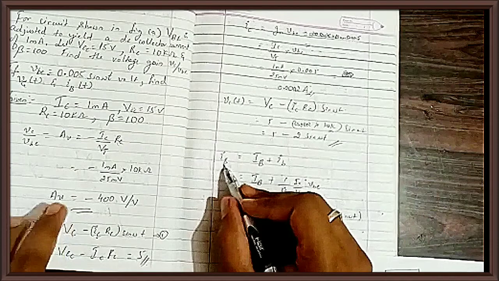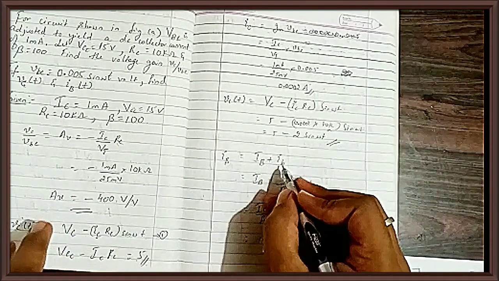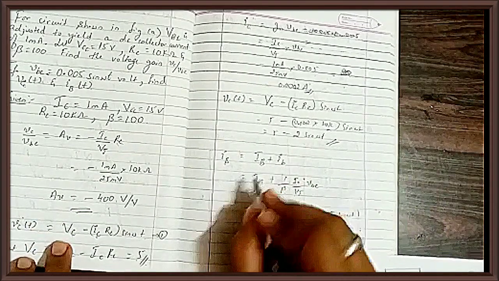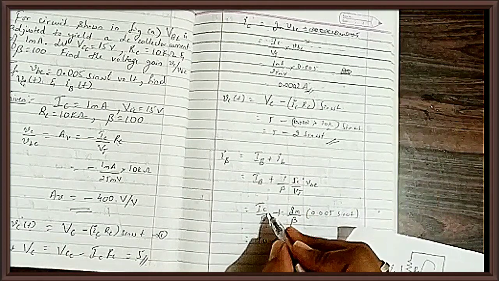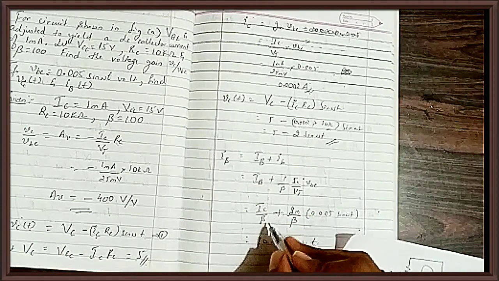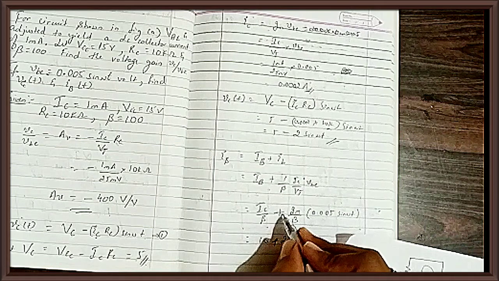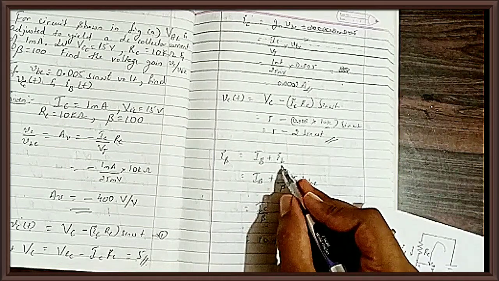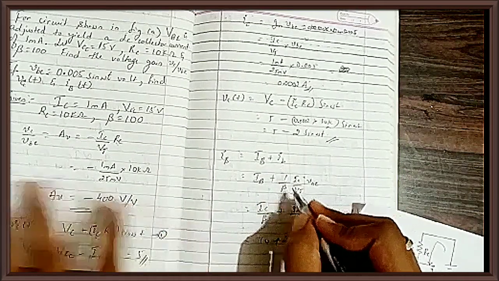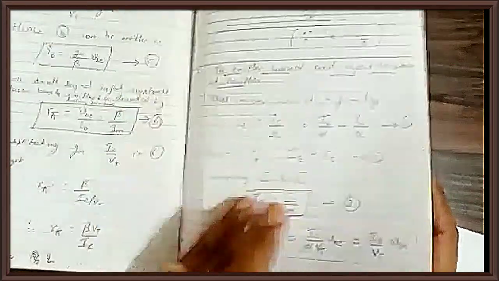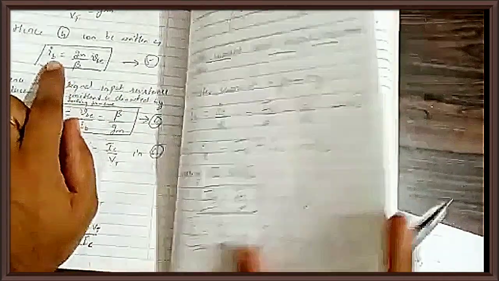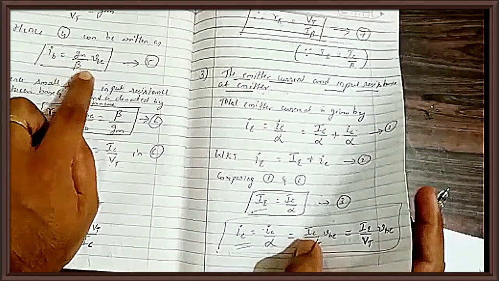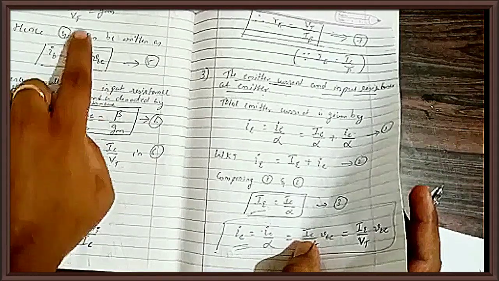What will be iB? iB is equal to capital IB plus small ib. So what is capital IB? Capital IB is IC divided by beta. Plus what is small ib? Small ib, as you all know, I had to write the expression here. Small ib is GM divided by beta into vb. What is GM? IC divided by VT.